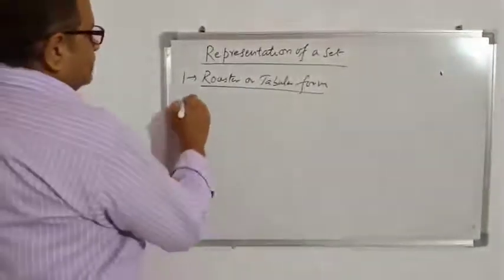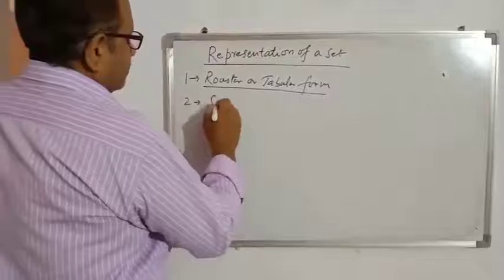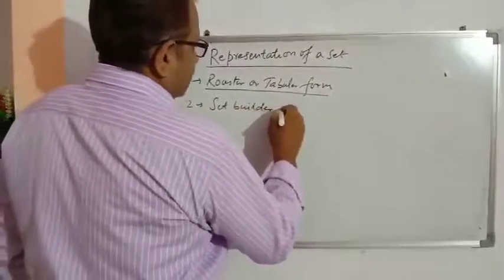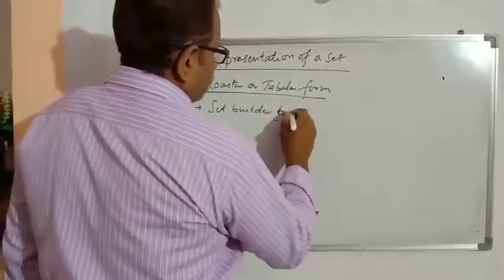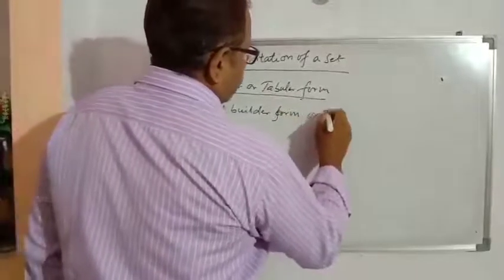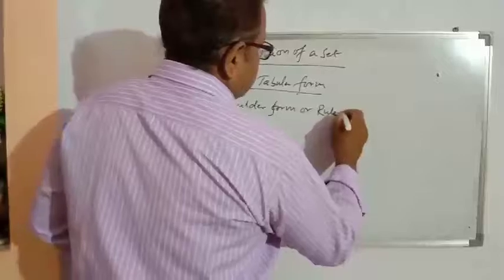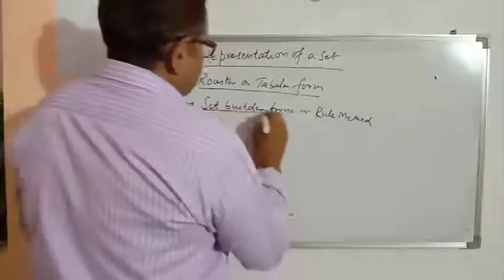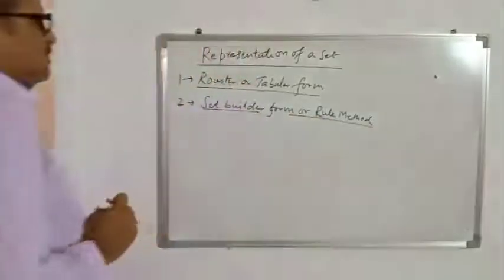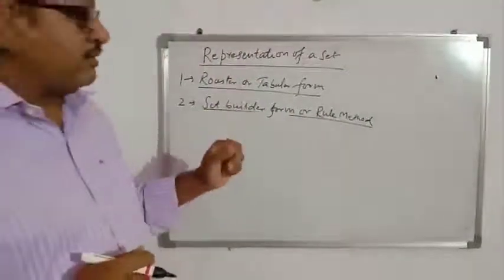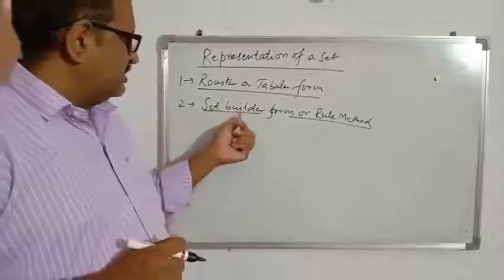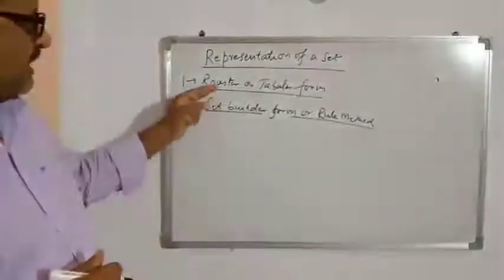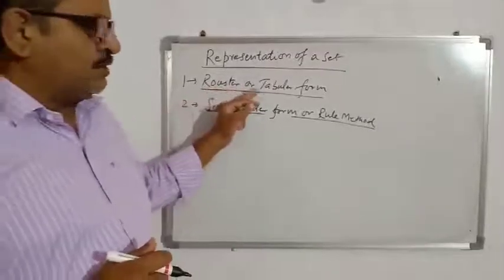And the second method is set builder form or a rule method. The first method is roster or tabular form. Second one is set builder form or rule method. So how we can write a set in the roster form?